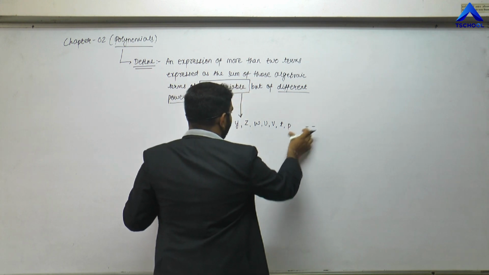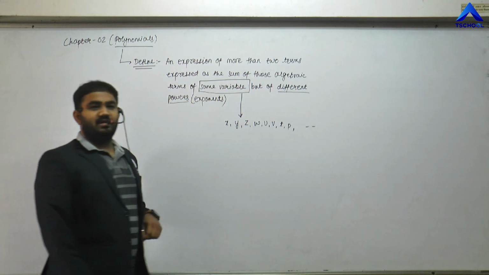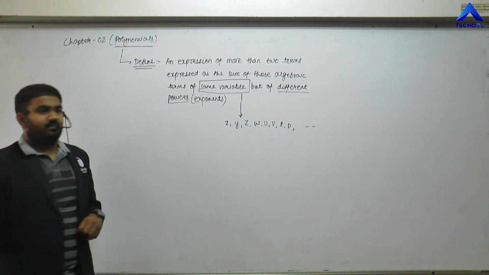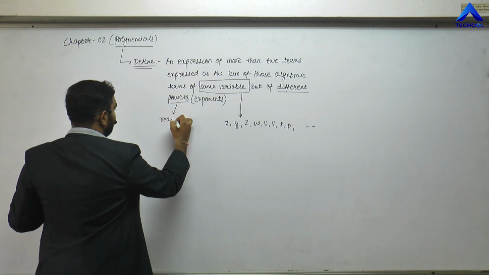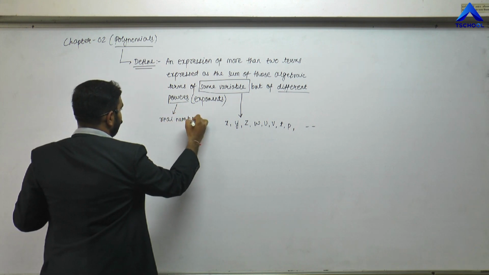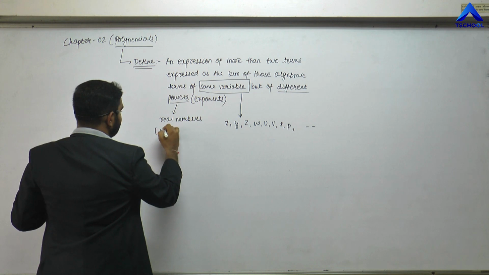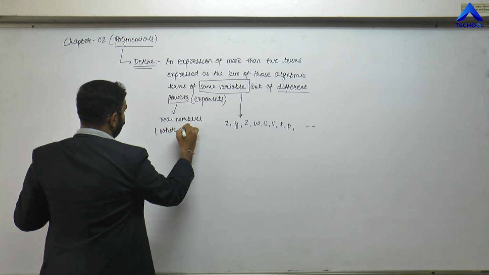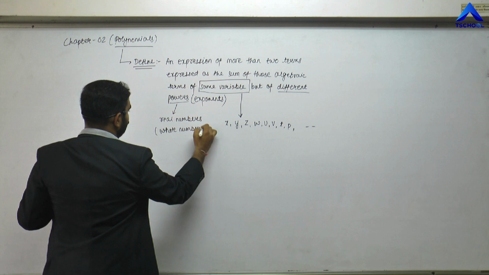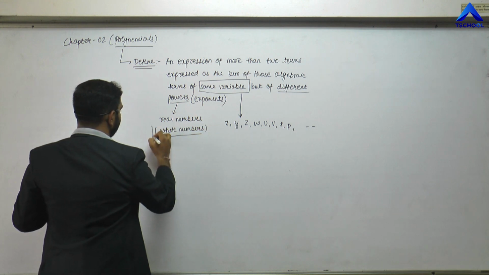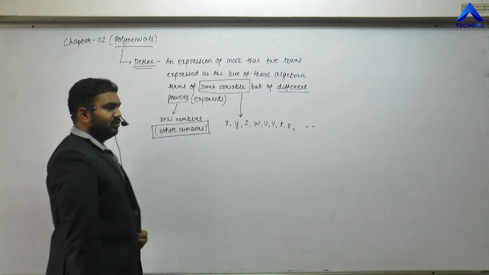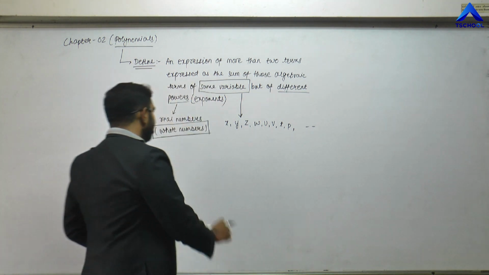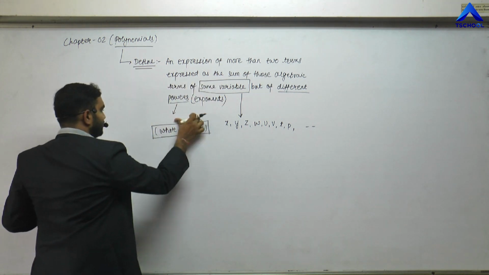But whenever we are talking about the powers, these powers are always real numbers, or you may call them whole numbers. Real numbers include everything, but whole numbers are of a specific type. So rather than calling these real numbers, we may call them whole numbers.